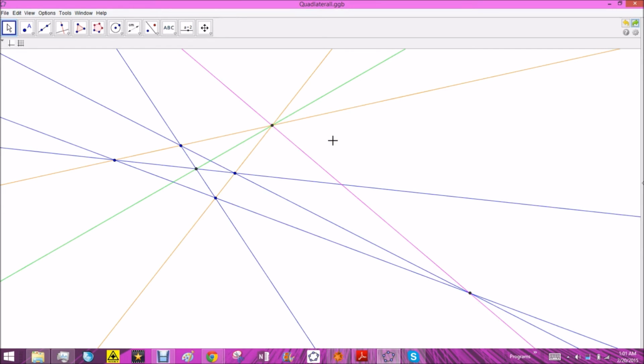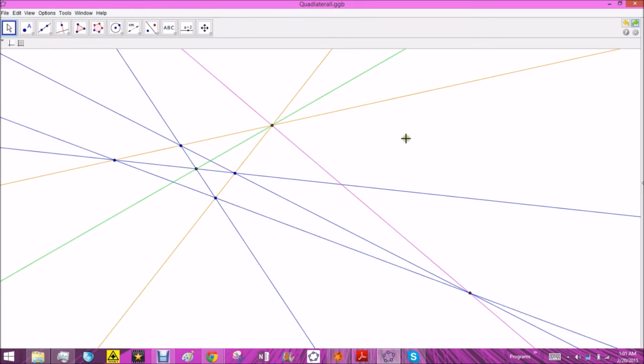So what is a harmonic pencil? Well, a load of lines going through a point are a harmonic pencil when, for any line that cuts all of them, the intersection points of that line with these emerging rays make a harmonic range.